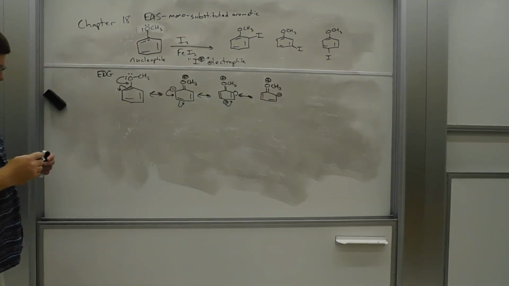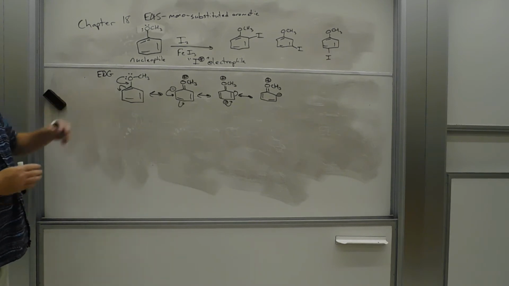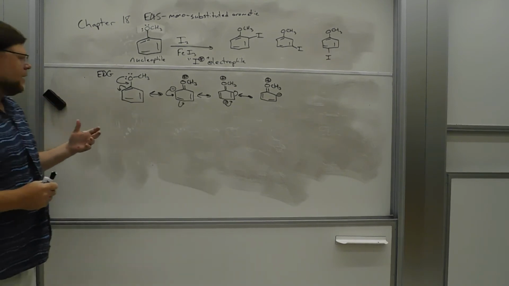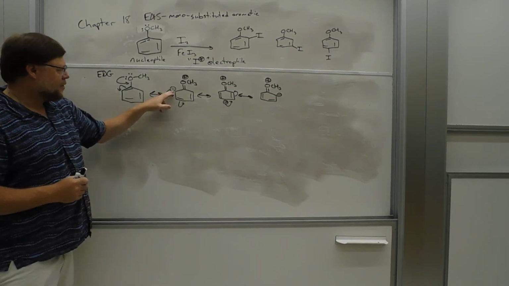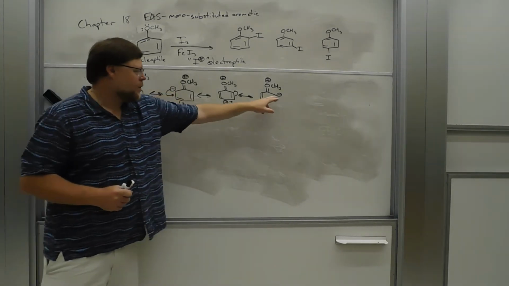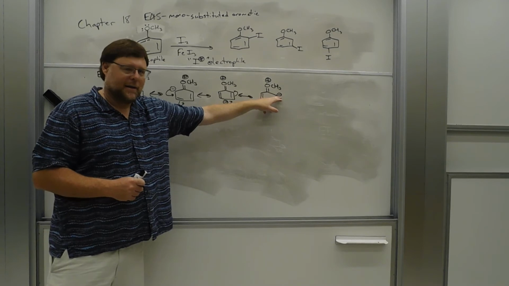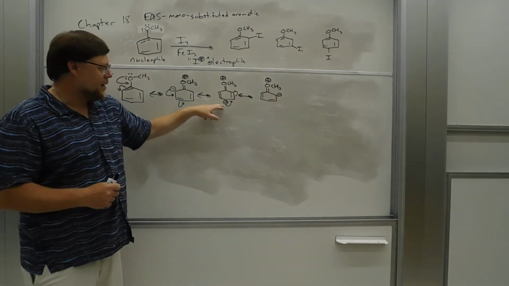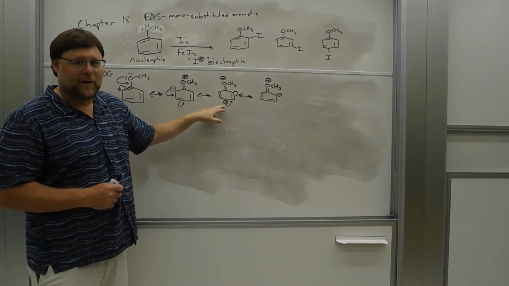And the result is, remember, this is the nucleophile, so we're looking for electron density. You've got a negative charge in this resonance structure on the ortho position. The other ortho position has a negative charge in this resonance structure. And then you've got a resonance structure with negative on the para.